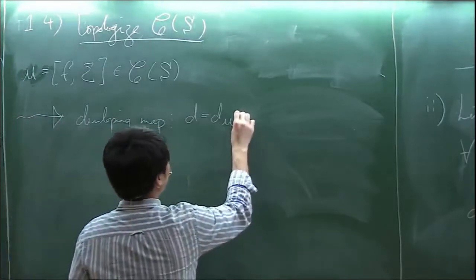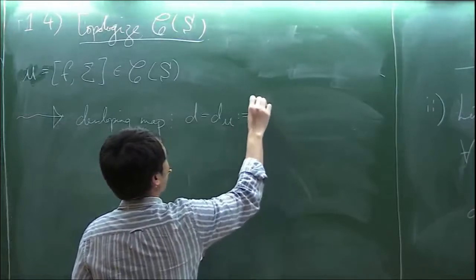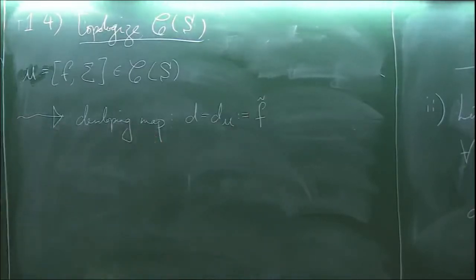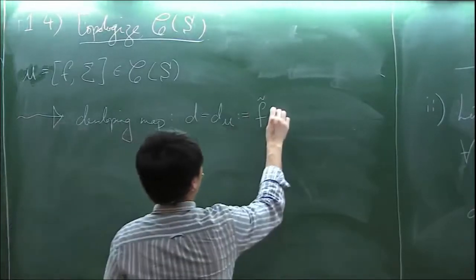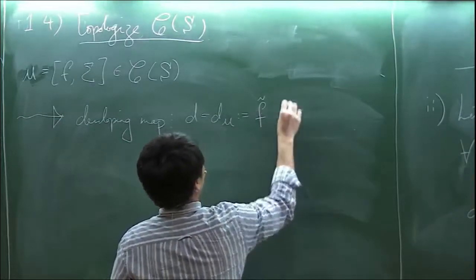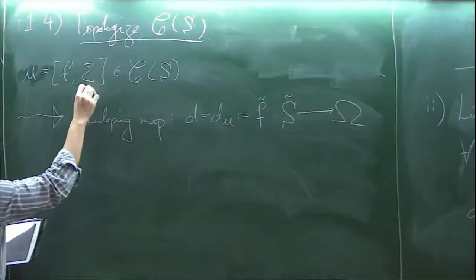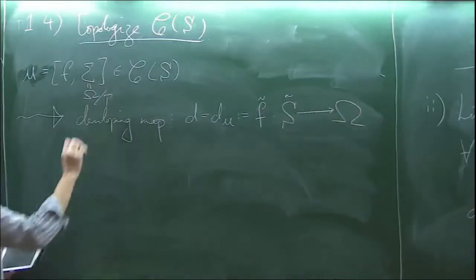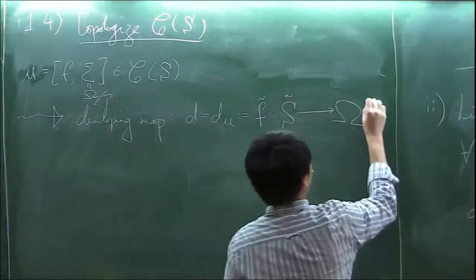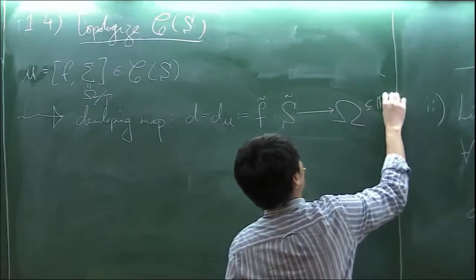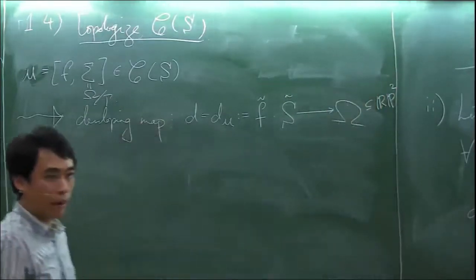This is basically just the lift of f to its universal cover, so this goes from S tilde to omega. Here sigma is omega quotiented out by gamma, which is a properly convex domain inside of RP2. So this is the developing map.